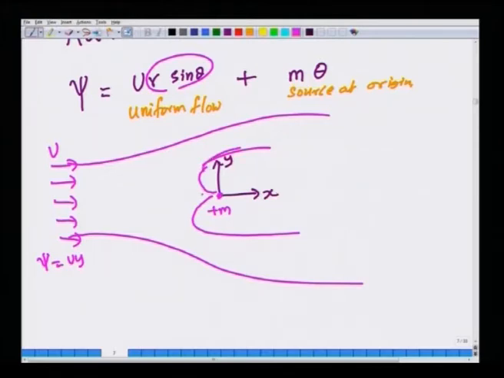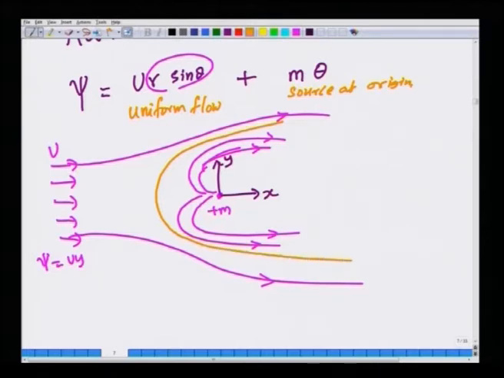So the streamlines look like this, but there will be one streamline which is essentially like a closed surface. This streamline is completely like a surface. This is called a half body, because it is almost like an elliptically shaped body.